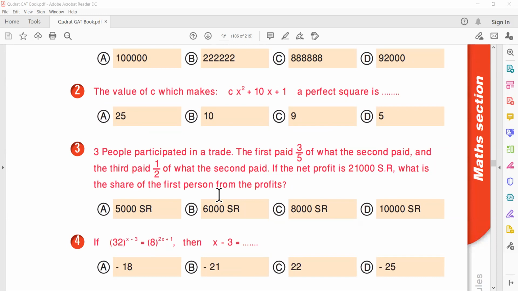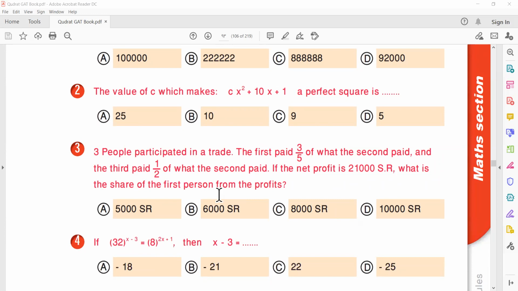If the net profit is 21,000 riyals, what is the share of the first person from the profits? Now he wants the share of the first person of the profit.